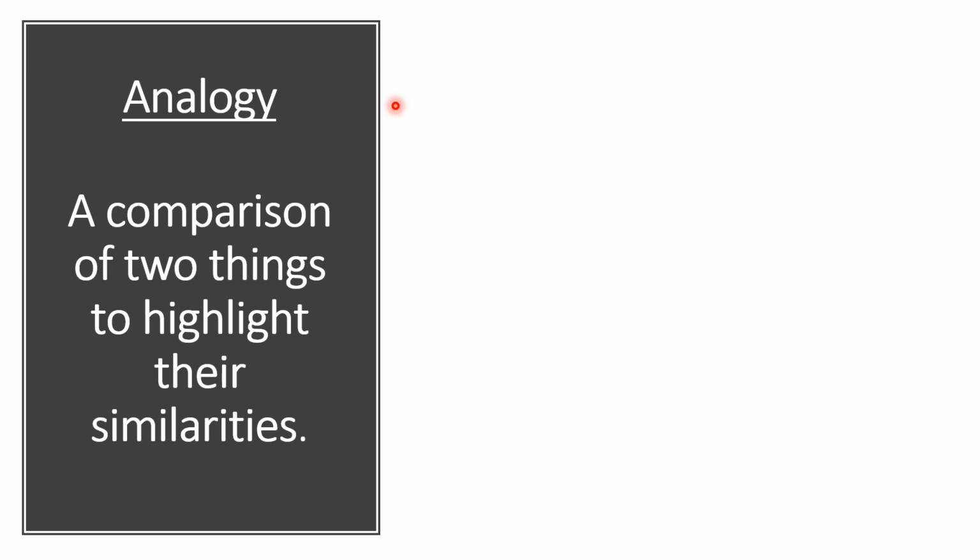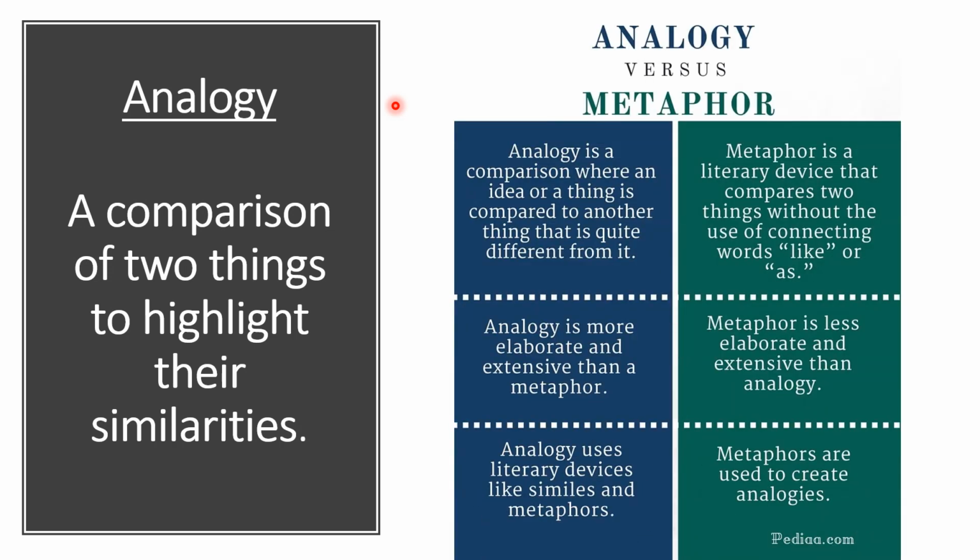Okay, if you're back, you've got the definition of an analogy copied down. Some of you might be thinking, well, madam, isn't a comparison of two things to highlight their similarities just a metaphor? And there are some differences that I would like to highlight. An analogy is a comparison where an idea or thing is compared to another thing that is quite different from it.